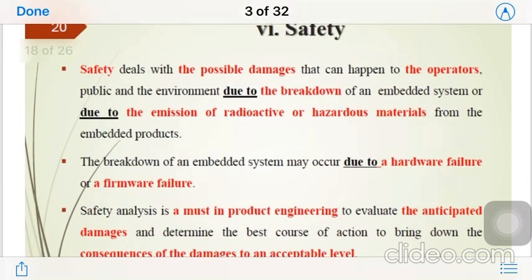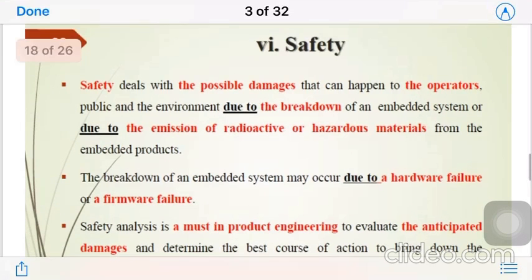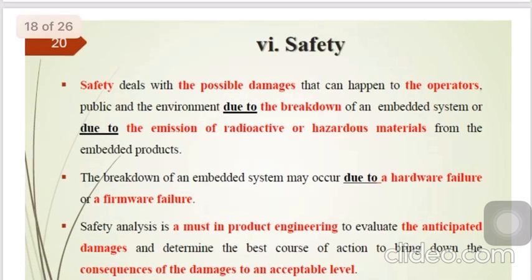Safety deals with the possible damages that can happen to the operator or public and the environment due to the breakdown of an embedded system or due to the emission of radioactive or hazardous materials from the embedded product.